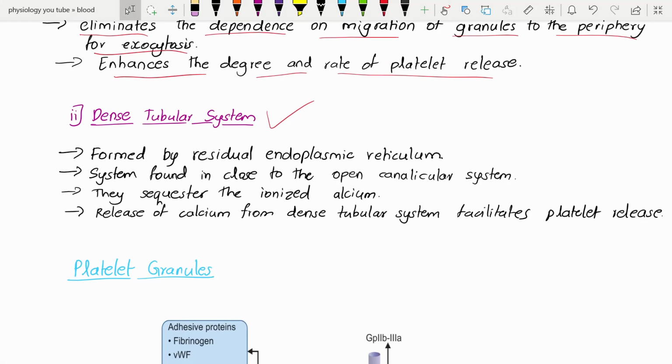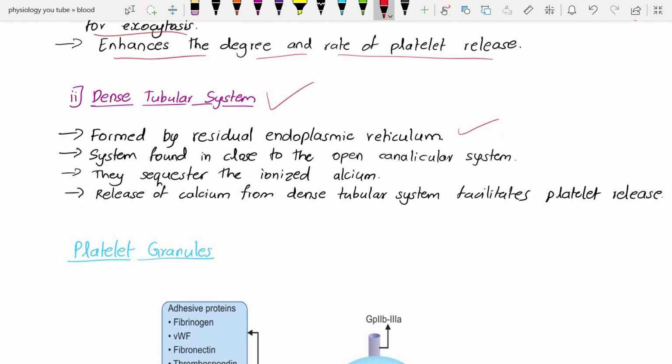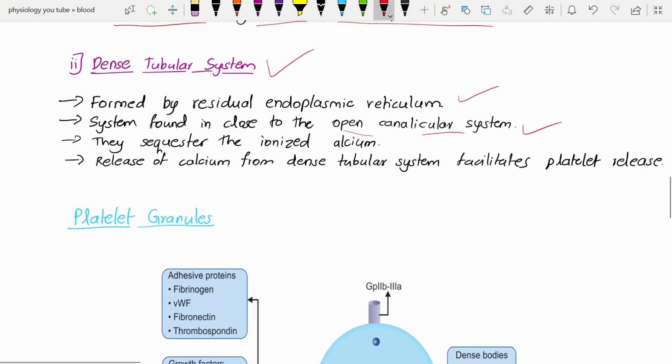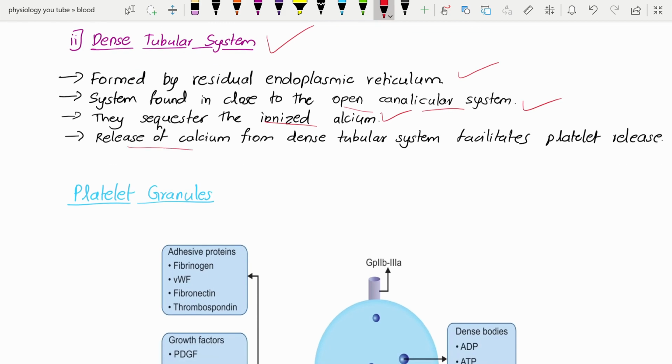The dense tubular system is formed by residual endoplasmic reticulum. It is found close to the open canalicular system. They sequester ionized calcium. So release of calcium from the dense tubular system facilitates platelet release. As we know, calcium always helps in the process of exocytosis.